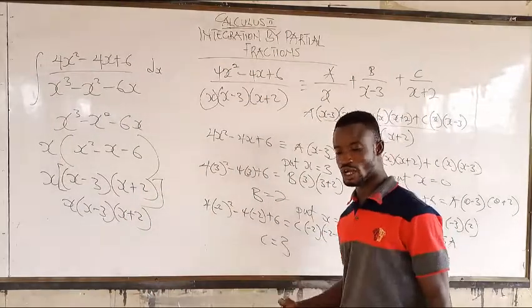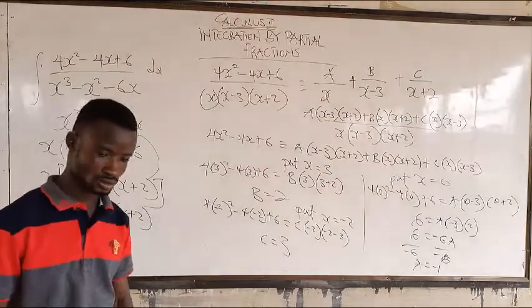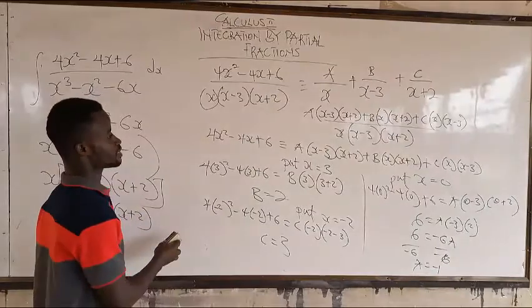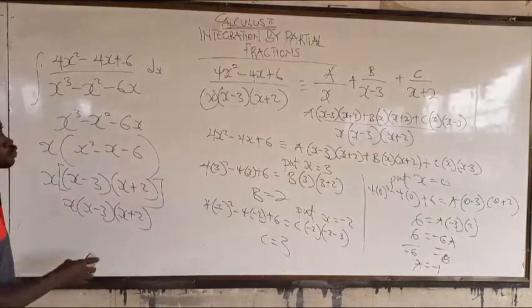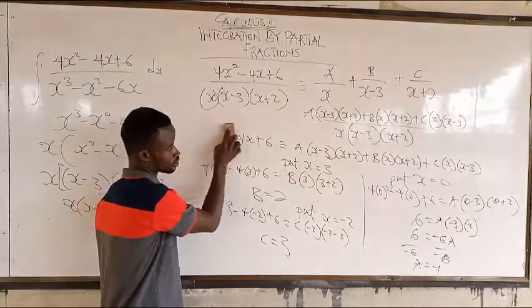So what are we going to do about this negative 1? What we are going to do is replace. I would like to clean this part. You can pause the video and finish writing.